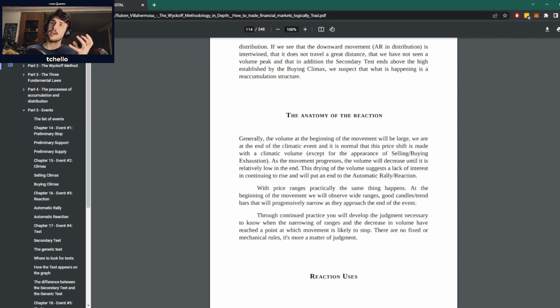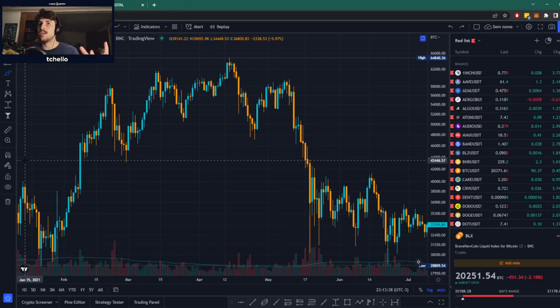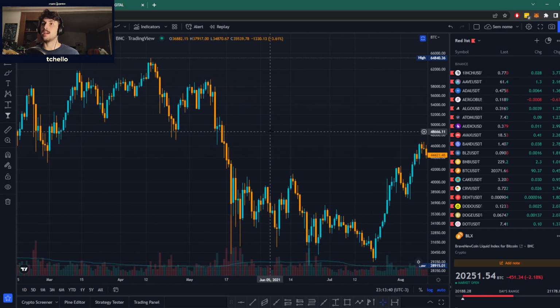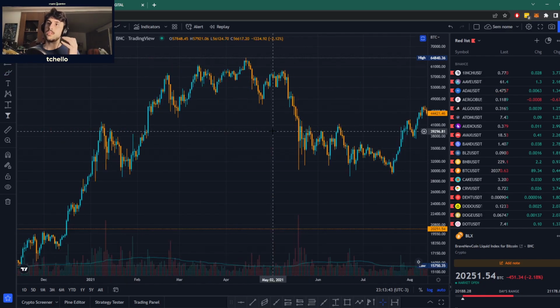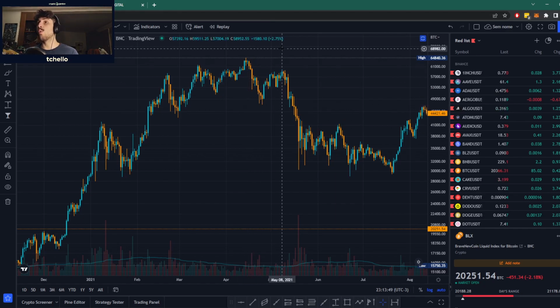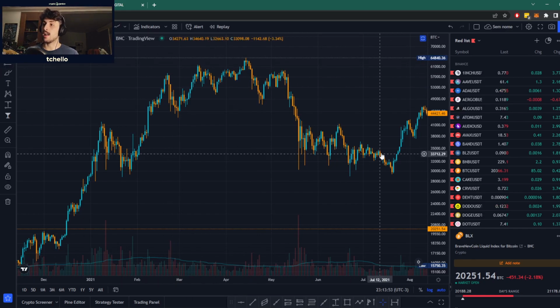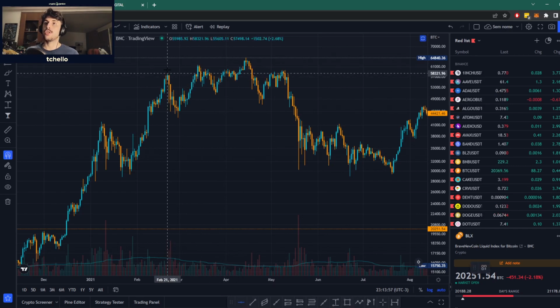First, in Wyckoff theory, in general, the automatic rally serves to basically start the distribution range that we have. Of course, it's not always going to be perfect. This first automatic rally or automatic reaction usually serves as the top of the range, and sometimes we can go above it a little bit.